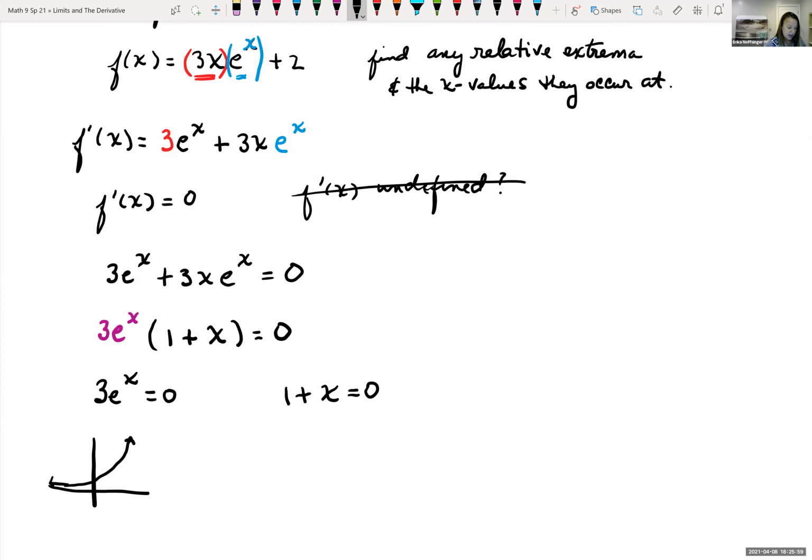So this 3 times e to the x never equals 0. So we're only worried about when 1 plus x equals 0. If we subtract 1 on both sides, that's when x is negative 1. So there's only one critical number.